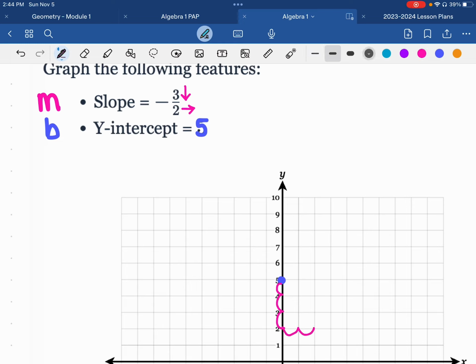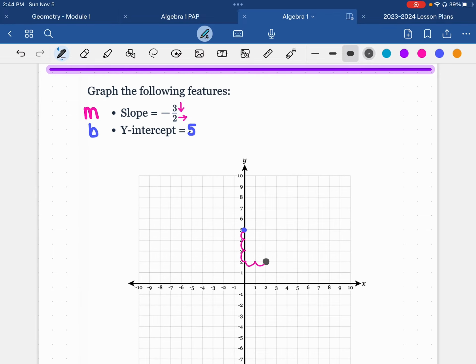If you have done your assignment, you'll remember that as you move, the graph moves with you. So as you count down 3 and to the right 2, the line comes with you, and it just shows up right like that.